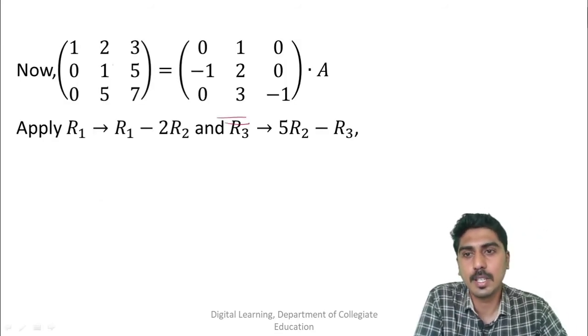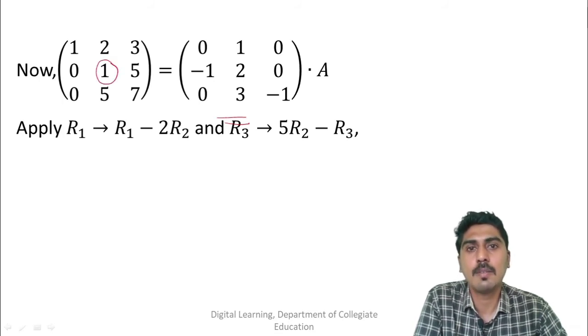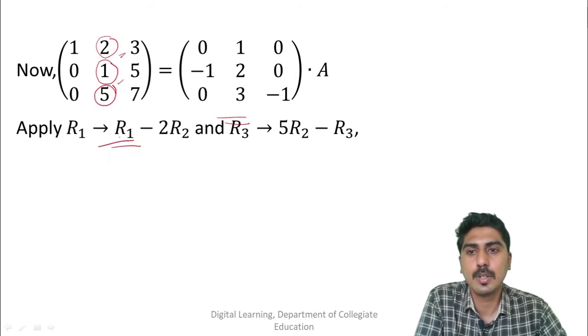Next is to make this term 1. As we have already 1 there, we can move on to the next step for making these two terms 0 by applying the row operations. R1 changes to R1 minus 2R2 and R3 changes to 5R2 minus R3.